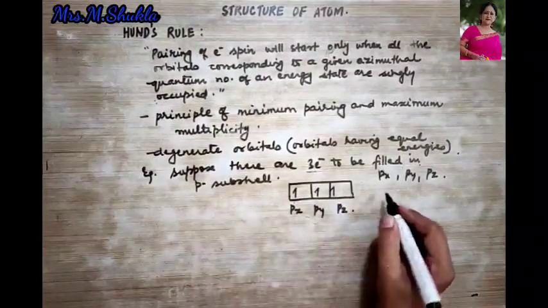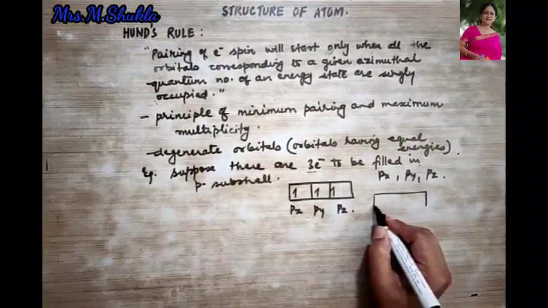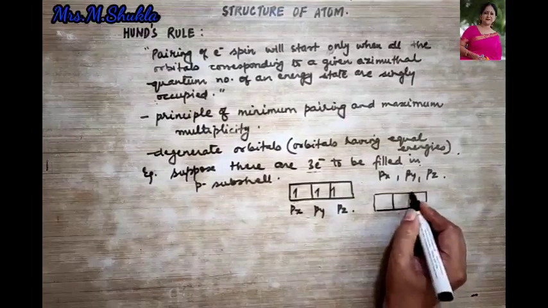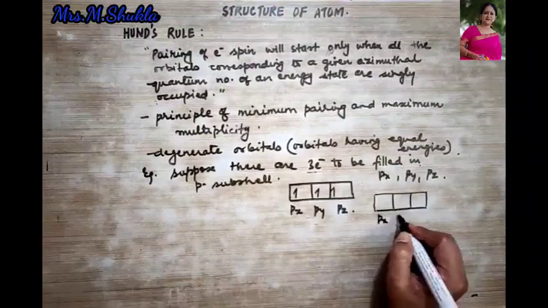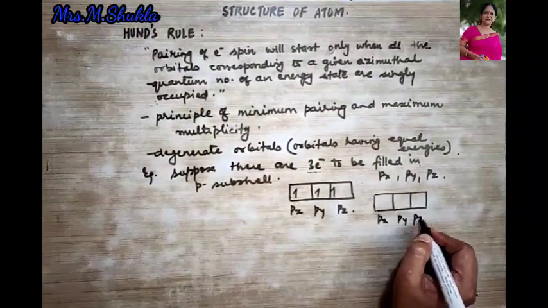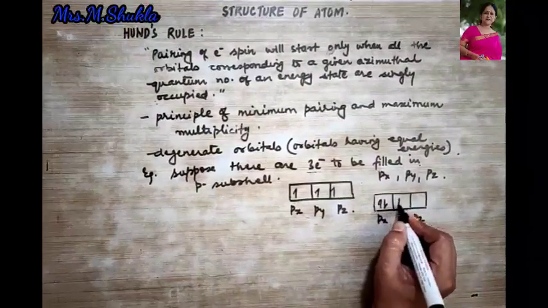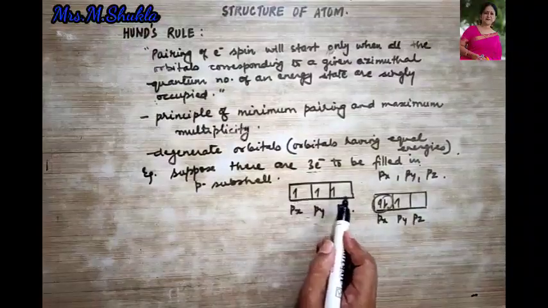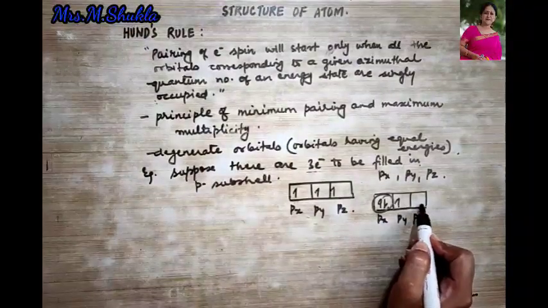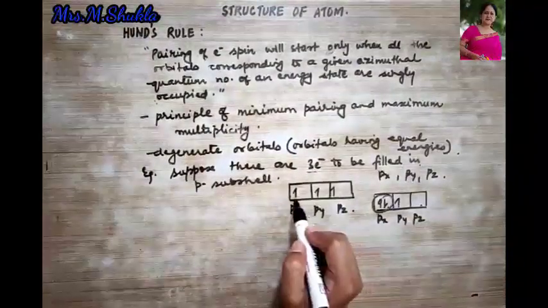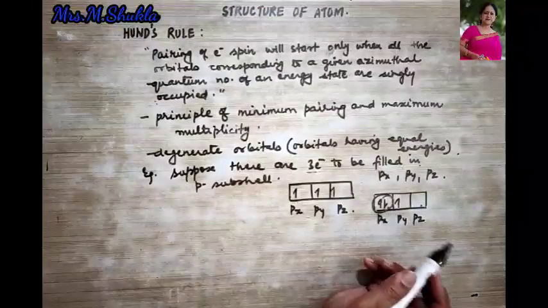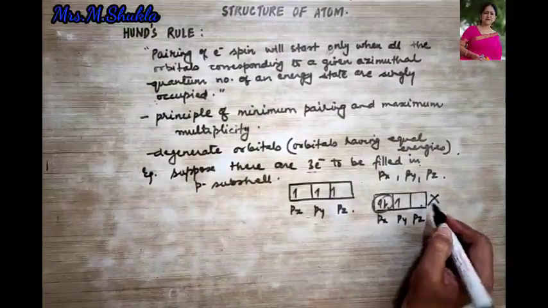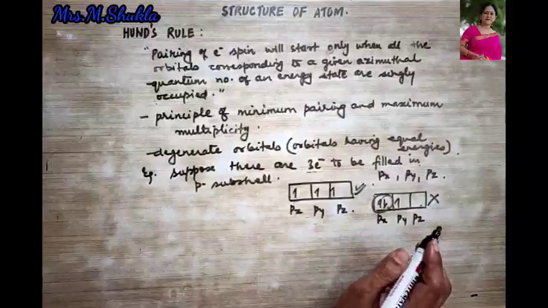Fine. If somebody is thinking it can be occupied like this, then it is wrong. This cannot happen. First, all the orbitals have to be filled up singly, and then only we can go for the pairing of the electrons. So this is wrong and this is the right method.